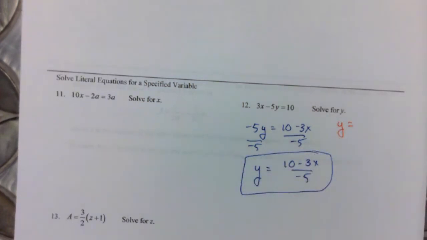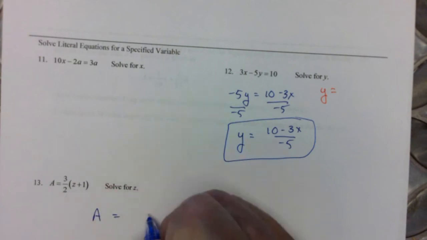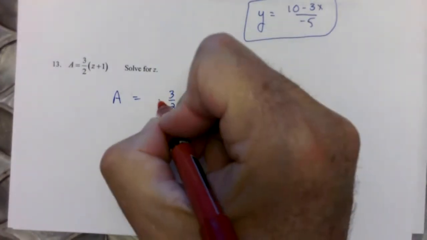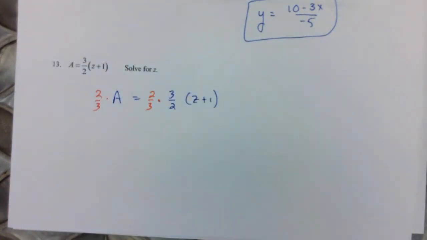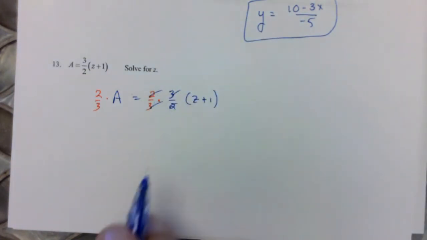Solving for y. This first one was solving for x. Same kind of deal, 13, solve for z. This is where the question we had earlier by Radhika comes in. Right now I have A equals 3/2 z plus 1, and I want to get rid of that 3/2. So I'm going to multiply this side by 2/3 and this side by 2/3. 2/3 times 3/2 is 1.